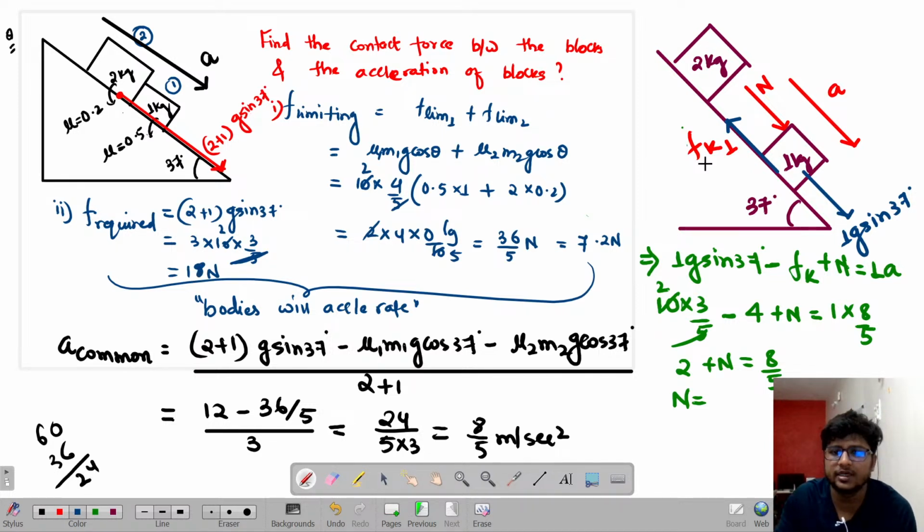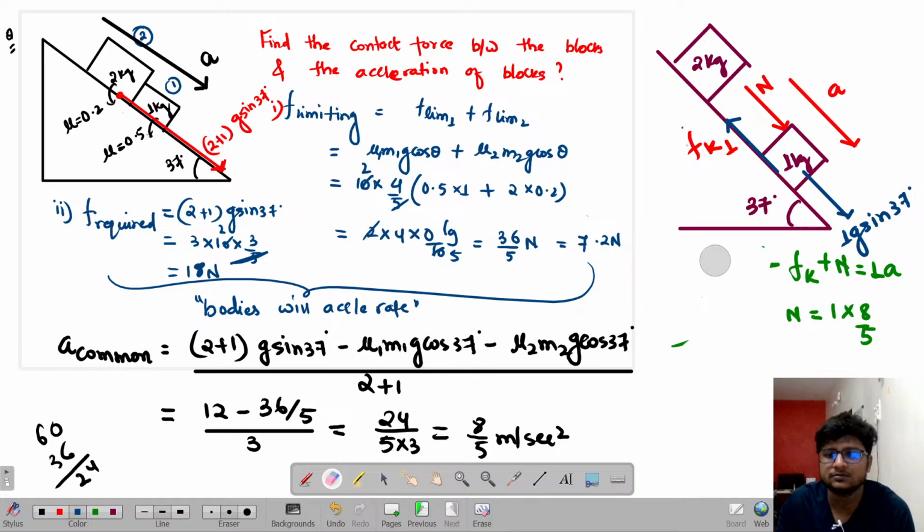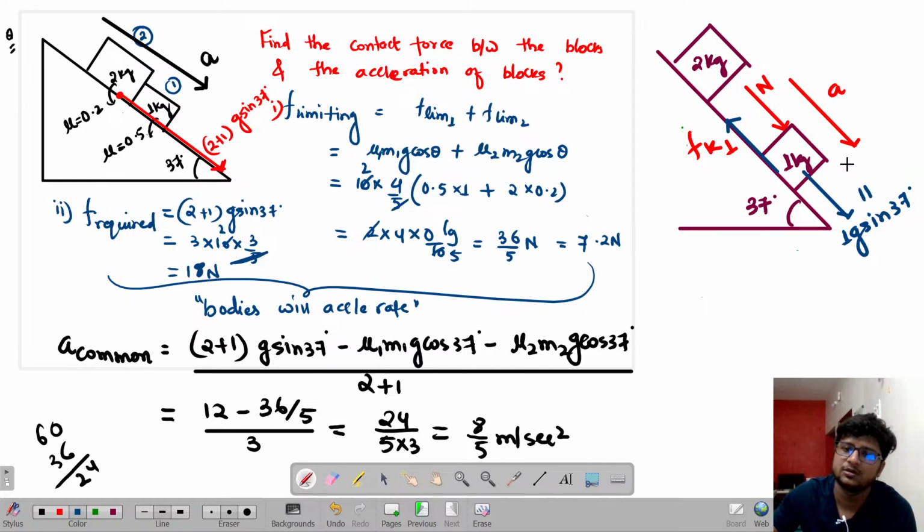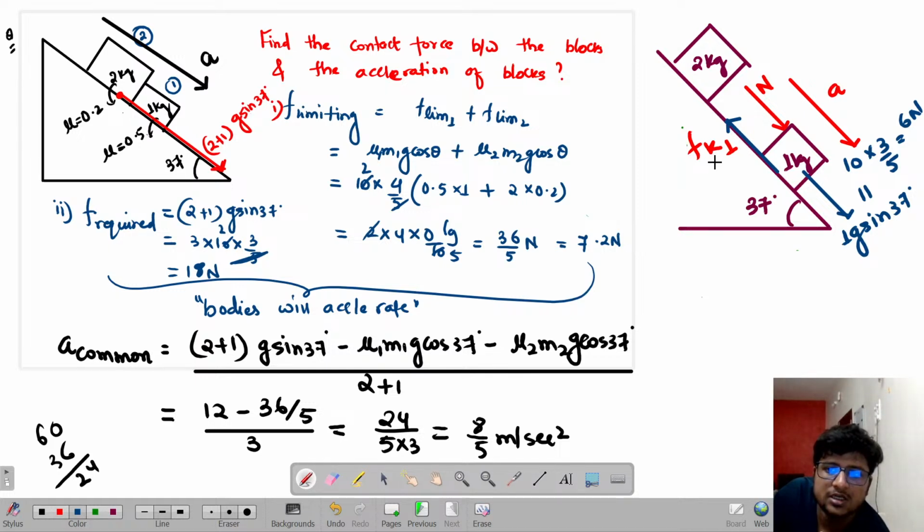So here actually I have to check if I am doing any silly mistake in kinetic friction of 1. Wait, let me write the equation once again. 1g sine 37 is how much? Put it 10 into 3 by 5. How much is that? 6 Newton. Got it or not? And kinetic friction of 1 is how much?